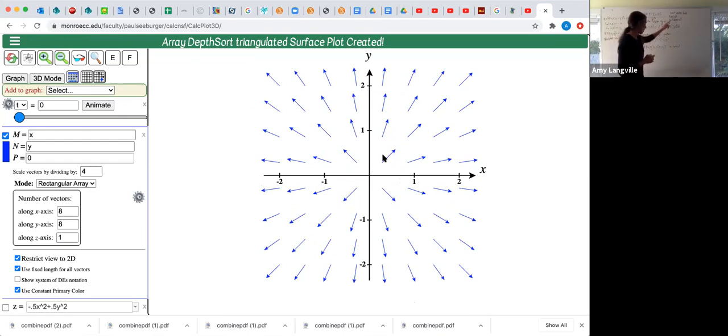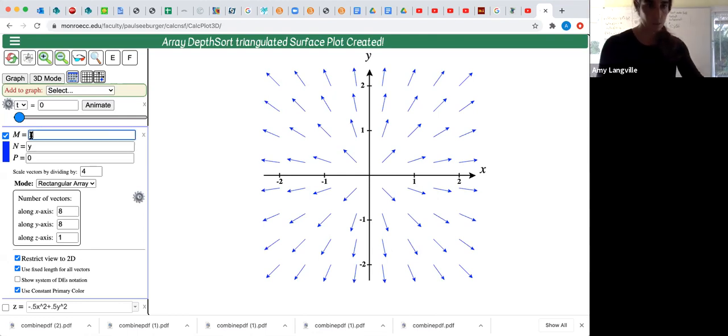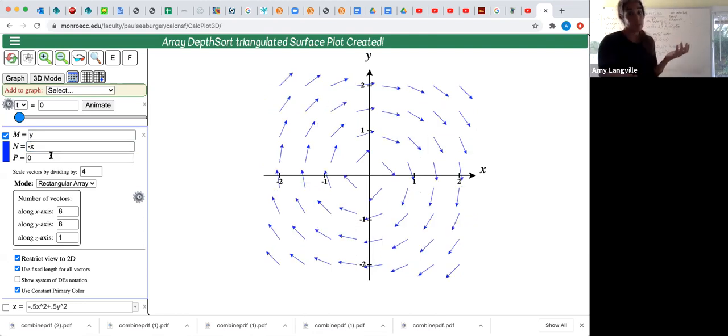And then last one is rotational. An example of a rotational would be f of x, y is y, minus x. Let's just go ahead while we've got the screen share and put that one in: y, minus x. Right, it looks rotational, right?